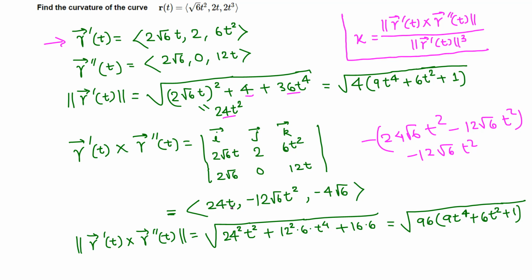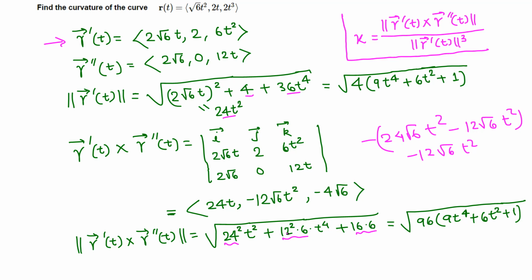Now we find the magnitude of this. That is needed on the top. So the magnitude is 24 squared t squared plus, negative squared will be positive, 12 squared root 6 squared is 6 t fourth plus, because negative squared will be positive, 4 squared 16 times 6. Okay, now 16 times 6 is 96, and we have 24 squared. 96 divides these two numbers, so we can factor 96 out inside the radical sign, and I'm writing the highest exponent first.